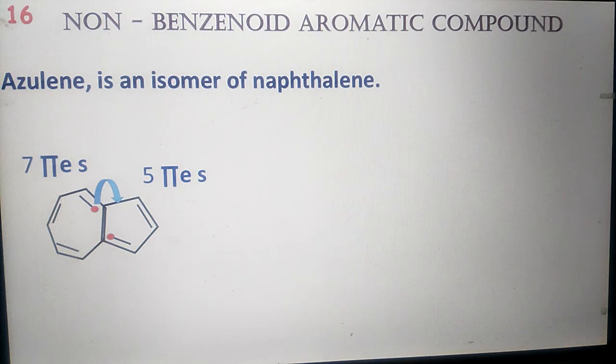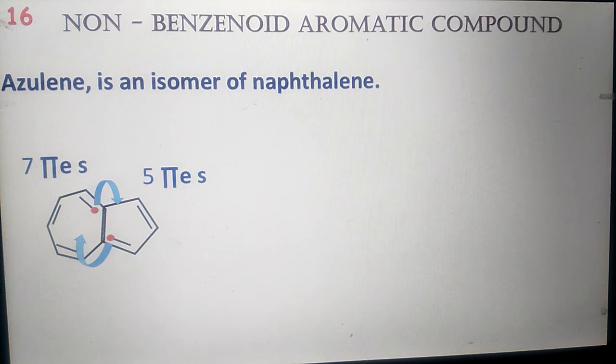The 7-membered ring consists of 3 pi bonds or 6 electrons, but we consider the red dot, the electron that is shared with the 5-membered ring, also with this 7-membered ring. So it becomes 7. And this second red dot is the electron of the 5-membered ring, which we also consider with this 5-membered ring. So in this ring the electrons become 5.